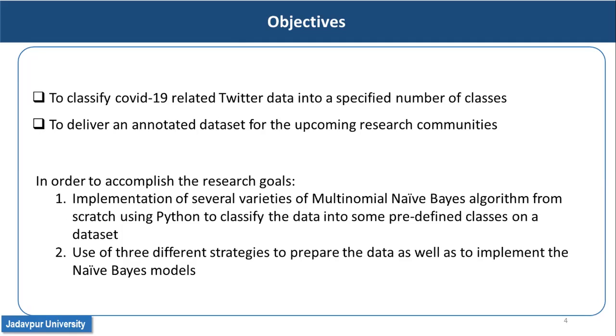These are the objectives. For that we used a multinomial Naïve Bayes algorithm, and three different data sets were used, designed from scratch using Python, to classify the data into predefined classes.